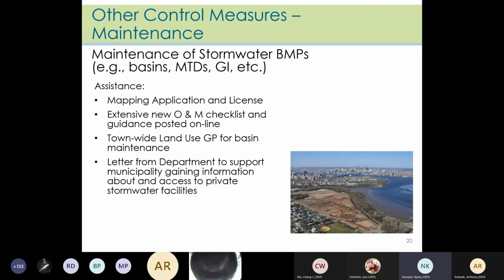So, since originally issued in 2004, these MS4 permits have always included maintenance requirements, but there are some actions the DEP has taken to help with the maintenance requirements.